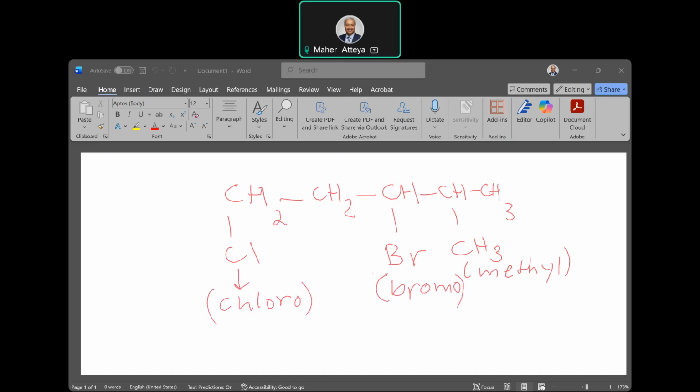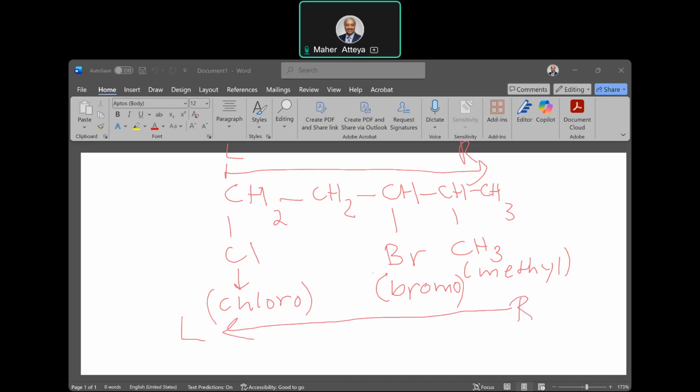So for the name of this compound, first you name the longest chain, correct? We can start from left to right, or from right to left.